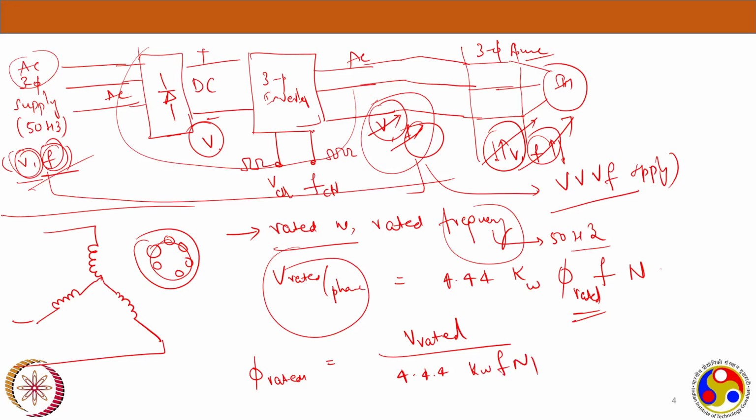Now see what all the constants are here. Once you design the machine, 4.44 is a constant, k_w is constant, that is the winding factor, the multiplication of distribution and pitch factor, and the turns are also constant. Whatever is varying is V and F.